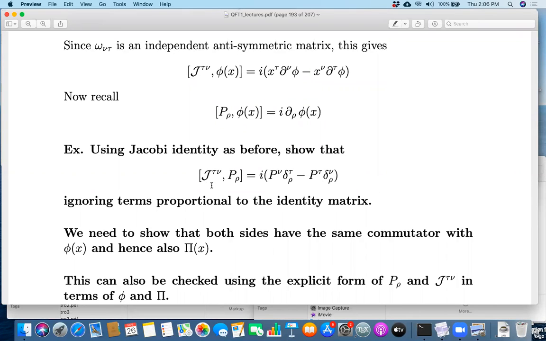I should have also said that once you have shown that the commutator of the left hand side with phi is the same as that of the right hand side with phi, you can again take a derivative and show that the same relation holds for del 0 phi, that is pi. And hence the commutator of this difference with any operator in the theory is 0. So this is proportional to the identity matrix, and again, we'll ignore terms proportional to the identity matrix in the analysis.